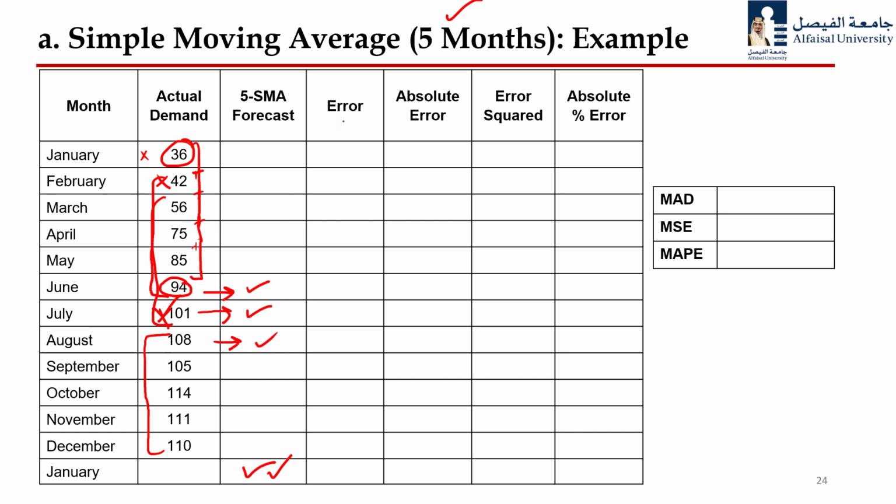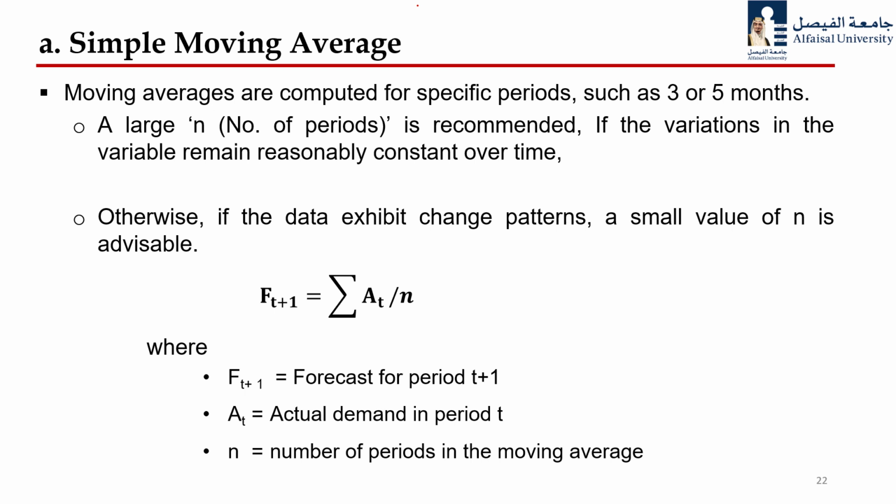Now the question is, should I use 2 months, 3 months, 4 months or 5 months? How are we going to decide this number? Remember that if there is a constant variation in your data over time, use a large number of periods to calculate the simple moving average, such as 5 months, 6 months, or 7 months.